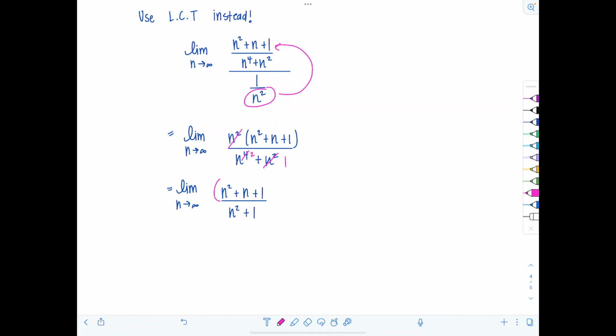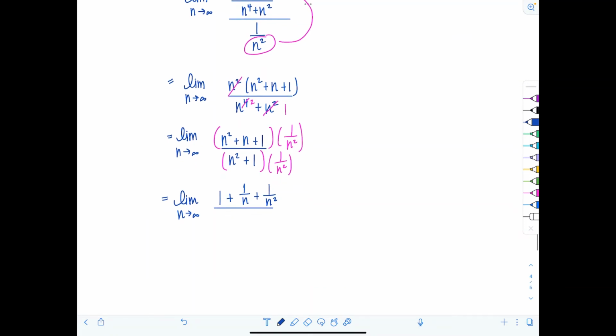And then next, let's divide by the highest power of n in the denominator, which is n squared. So now I have the limit as n approaches infinity of 1 plus 1 over n plus 1 over n squared. And then what's going to be in the denominator, you guys?